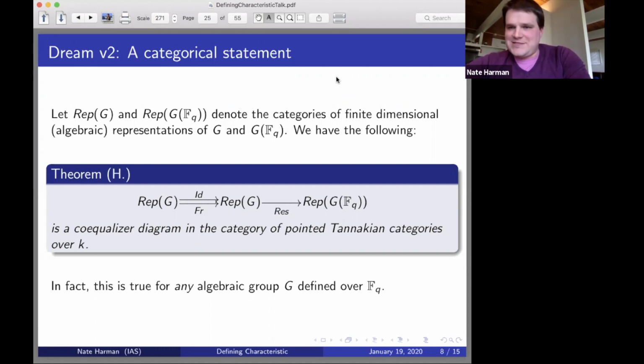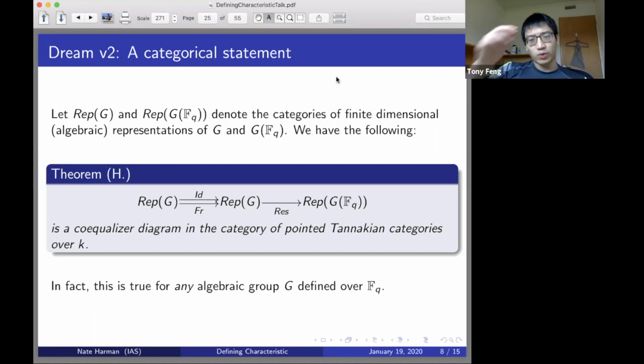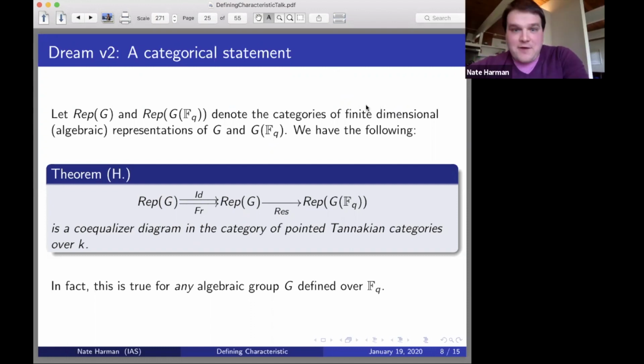Maybe this is a point where people want to ask something. In this statement, are you only considering monoidal functors? Yeah, there's something I really need to clarify before I prove this. What do I mean by the category of pointed Tannakian categories?